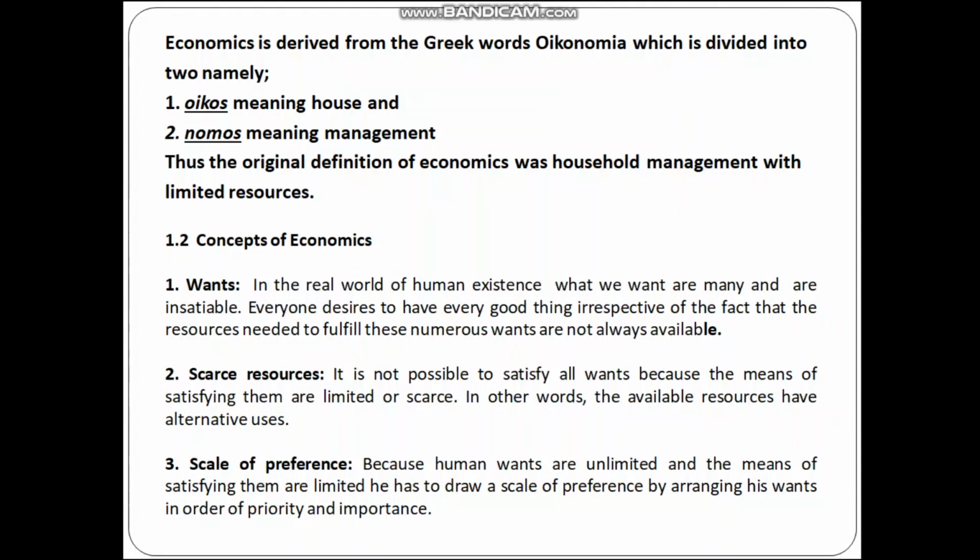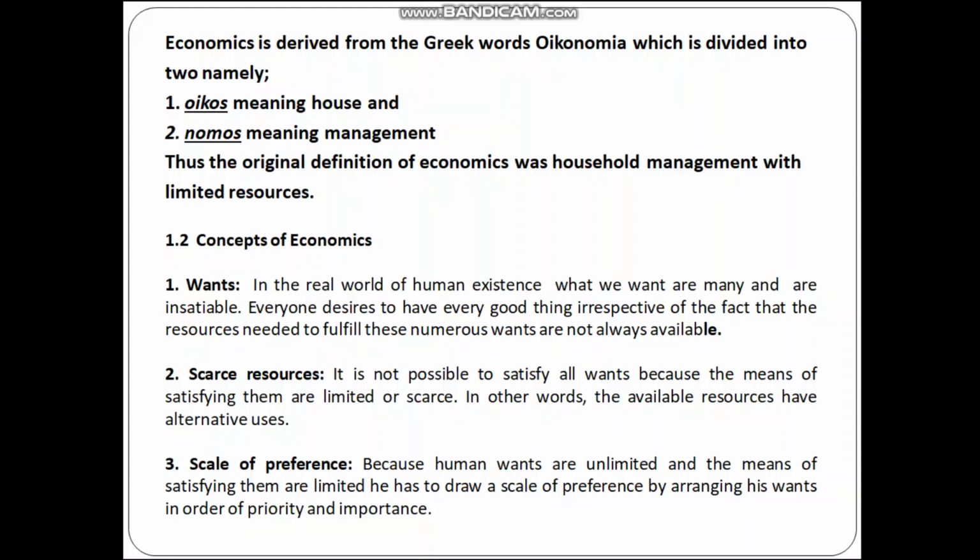Concepts of economics. In the real world of human existence, what we want are many and are insatiable. Everyone desires to have every good thing, irrespective of the fact that the resources needed to fulfill these numerous wants are not always available. Scarce resources.